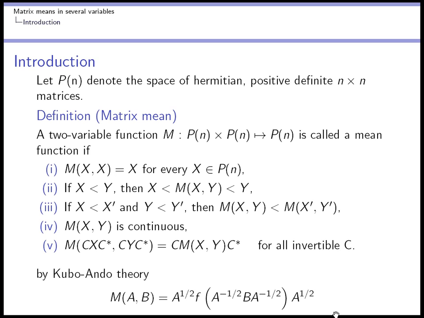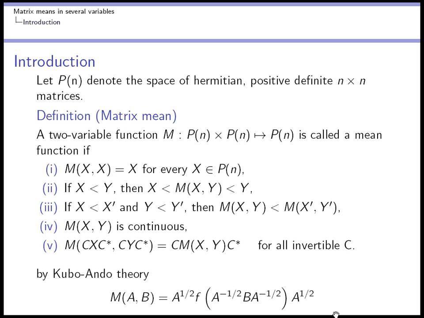I think I can write up how they look. Every such function has a characterization of this form, where this is a positive finite measure.